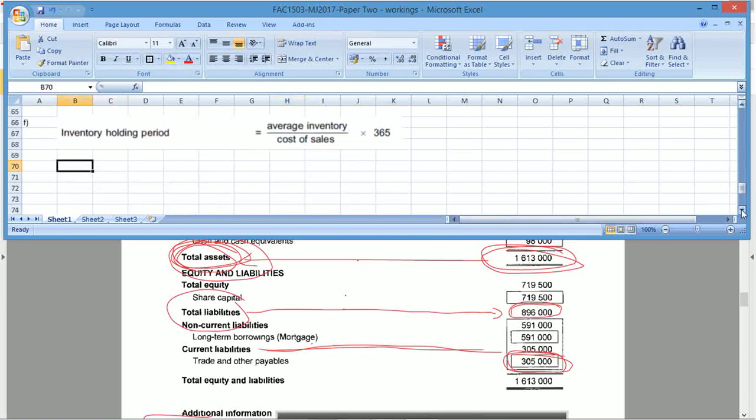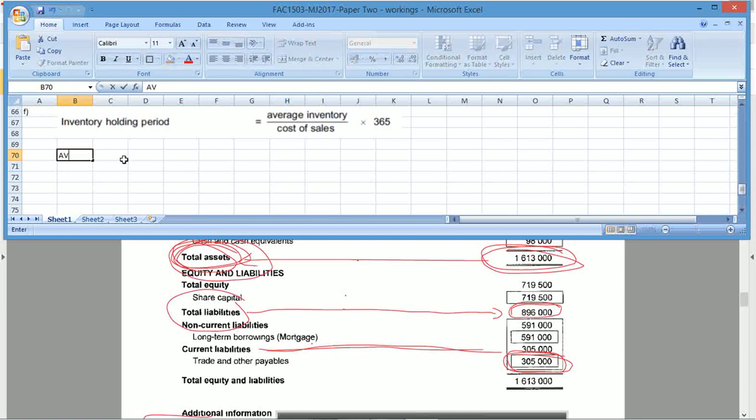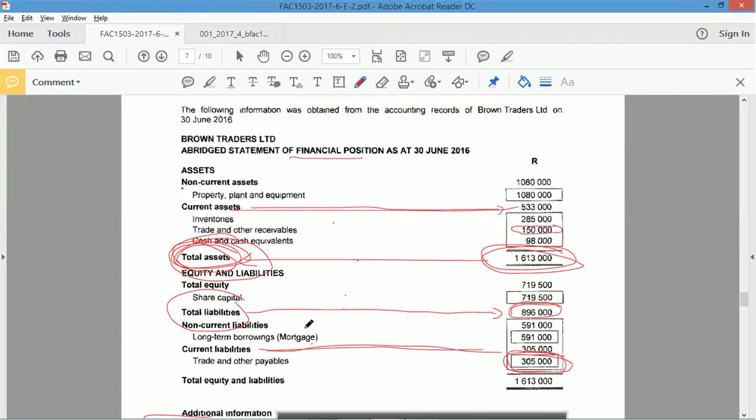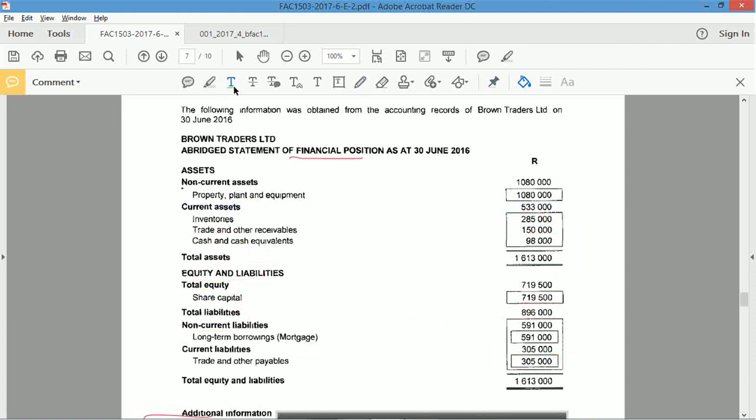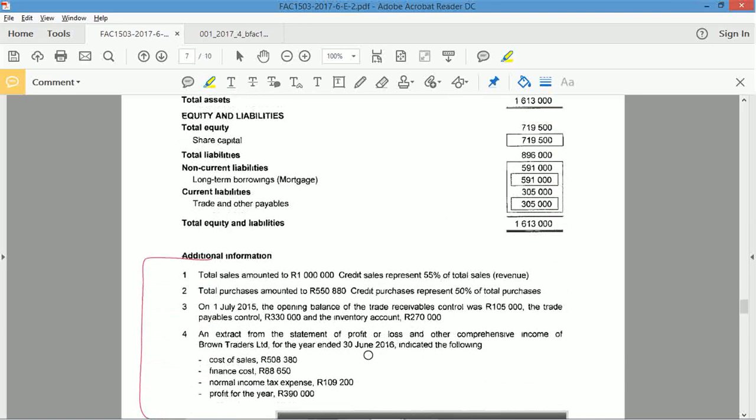Right, inventory holding period. Average inventory, we need to work that out again. Average inventory is start plus end divided by 2. So I'm going to need opening and closing stock. There's my closing stock, 285, and I need opening stock.